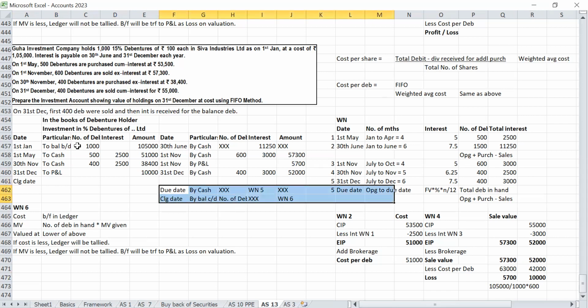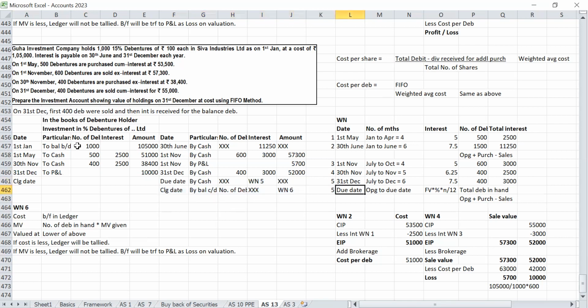Due date will be 31st December. Same, July to December, 7.5. Number of debentures in hand, how much? 1,900 in total; 1,000 sold out, and additionally we have purchased 900.